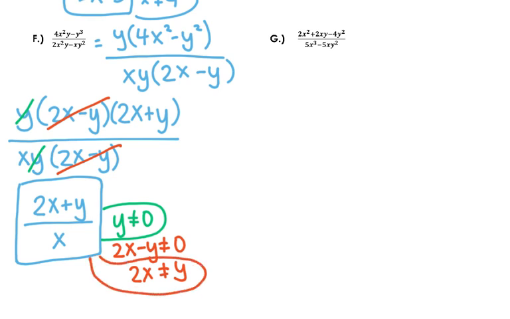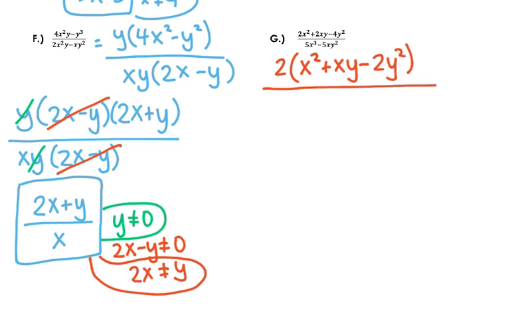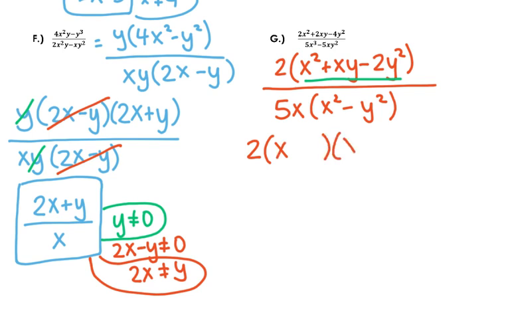For part G, I notice a GCF of 2, so I'm going to factor that out right away. I get x squared plus 1xy minus 2y squared all over, I see a GCF of 5x, and I'm left with x squared minus y squared. From here, I want to factor what's in parentheses, so I want to keep going. So I'm left with 2 times x, negative 2y, negative y.